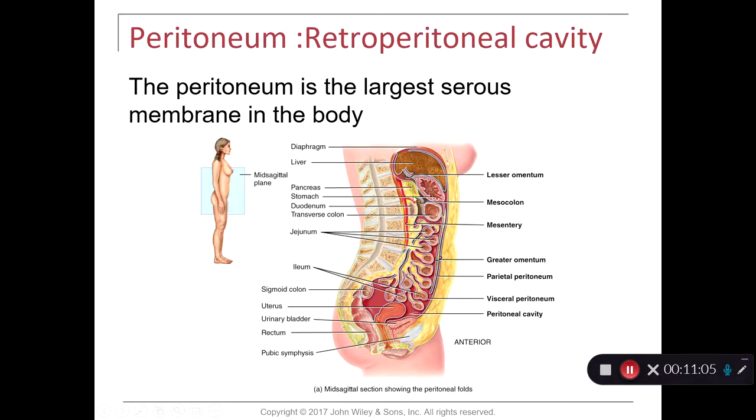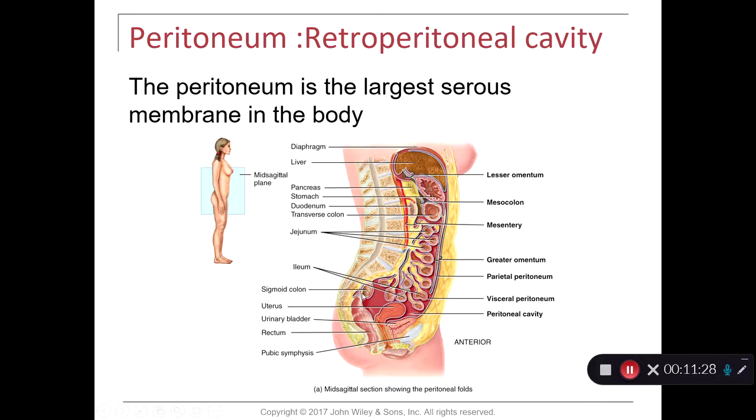These three in this upper portion are in the retroperitoneal cavity, and yes, you do need to know that. So we got the duodenum, by the way, is the very first portion of the small intestine. We got the liver, that's part of the retroperitoneal cavity, the pancreas, which is part of the retroperitoneal cavity. Your duodenum, again, that first portion of the small intestine is part of the retroperitoneal cavity.